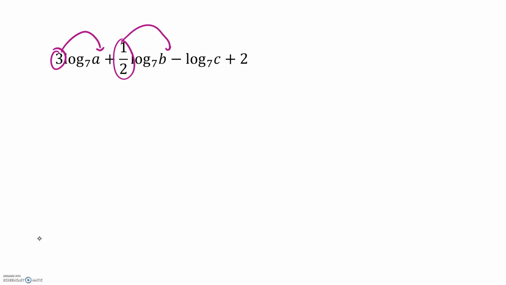The second thing to point out is that the base needs to match. So this is a base 7 logarithm, and so that's important. I can't contract different types of logarithms without having the bases match. So I can rewrite this as log base 7 of a cubed, bringing in that exponent, and log base 7 of b to the 1/2.